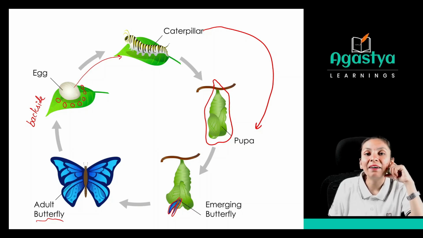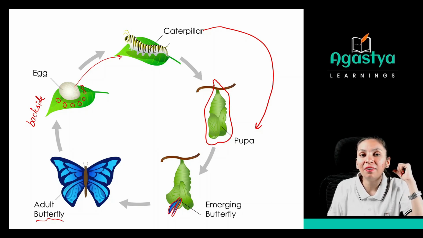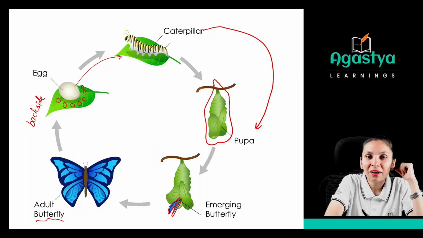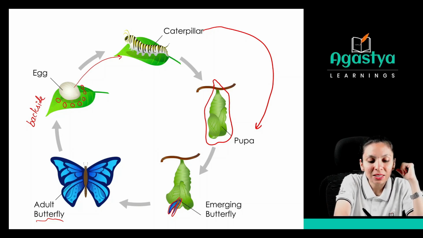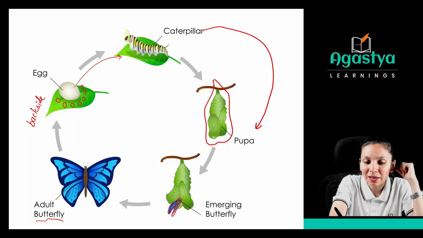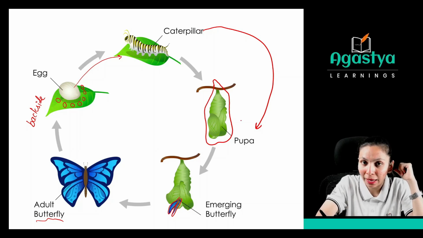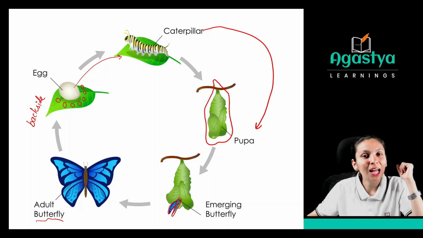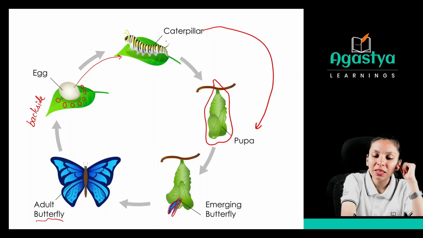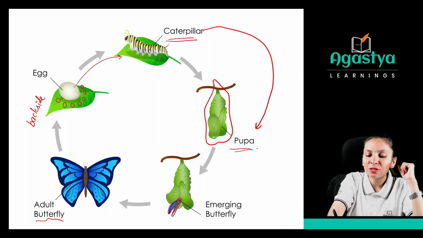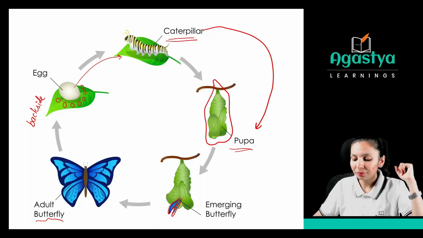So these are the developmental stages of the butterfly. The butterfly will lay eggs. From these eggs, the caterpillar will come out, and from this caterpillar, it will form the pupa, and from this pupa stage, it will emerge as a butterfly. So these are the developmental stages of the butterfly.